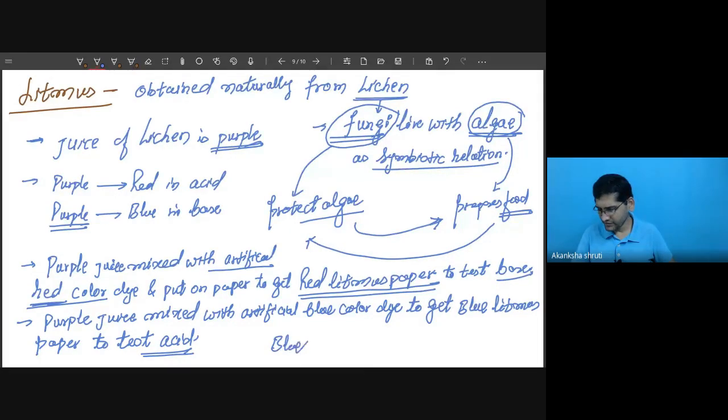So if blue litmus paper is dipped into acid, you will get red litmus. It is so simple. I had already explained this.